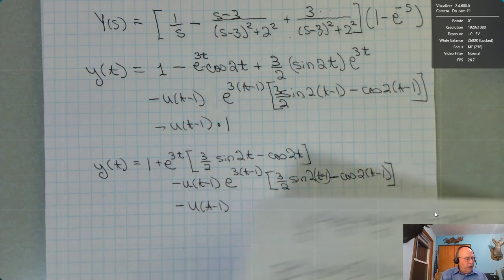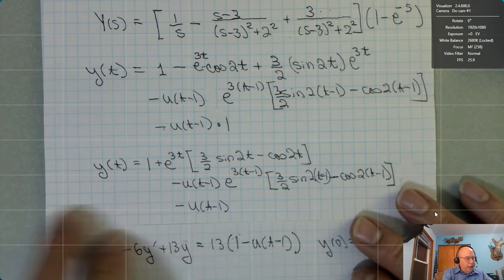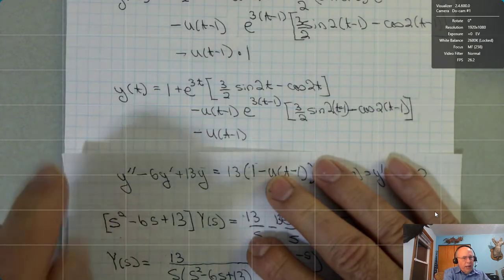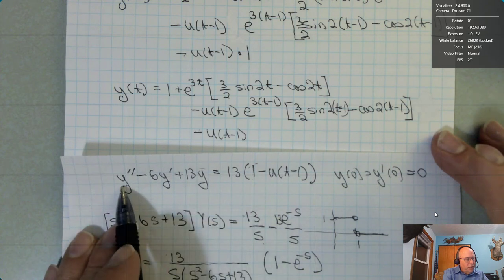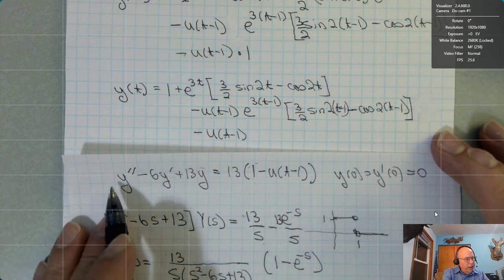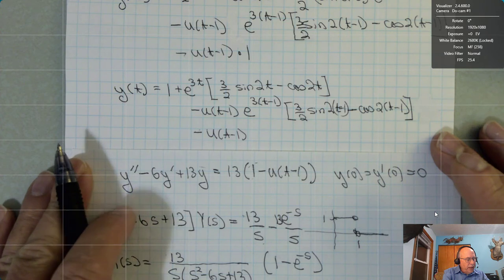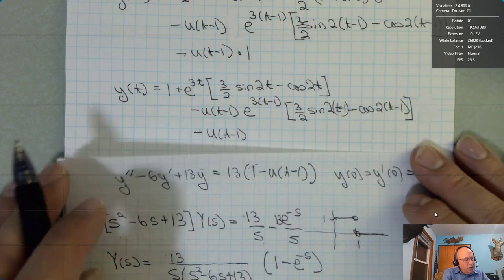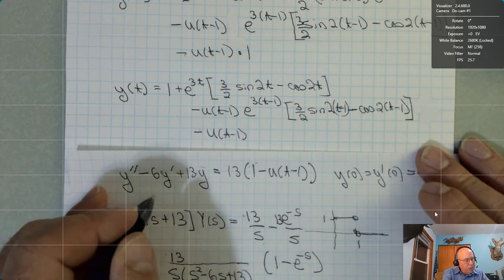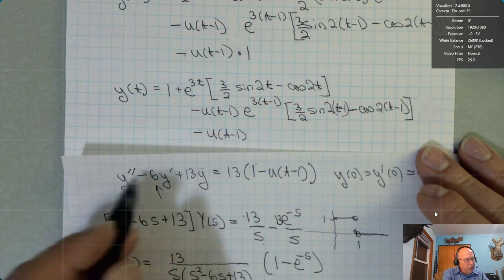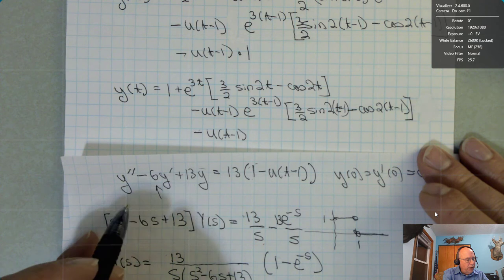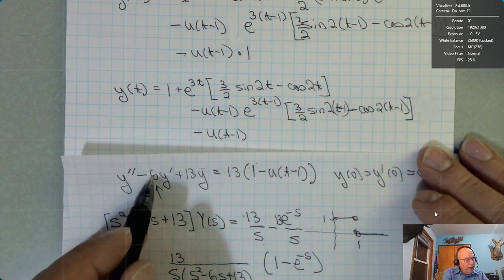And the answer is really quite simple. The answer is simply that this equation was chosen to have certain features in the solution, not to be a realistic one. If you were thinking of this as, say, a mass spring system, this is the damping term right here, or if it were an LRC circuit, this is the resistance term right here. Well, this has negative damping, or you could say negative resistance.